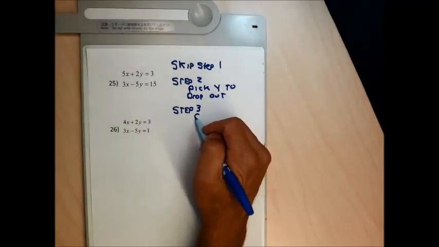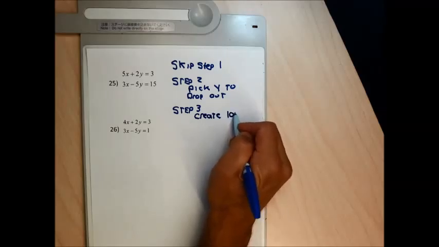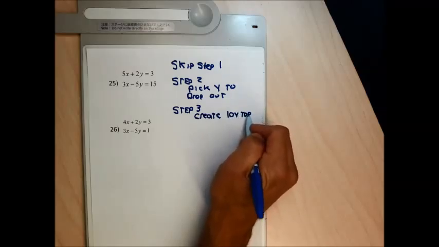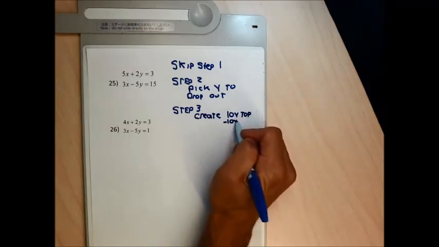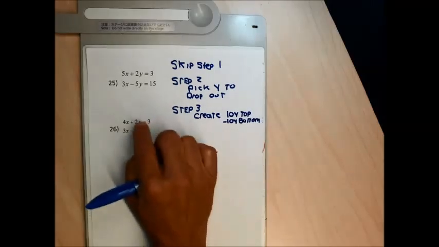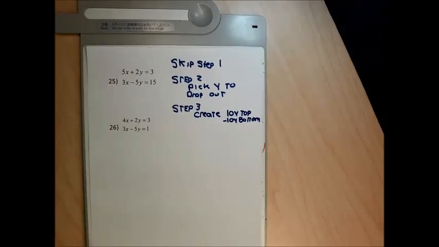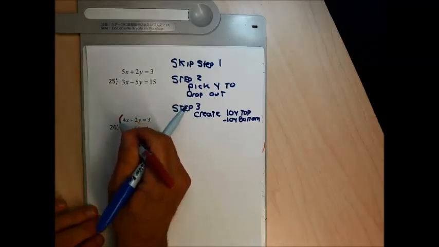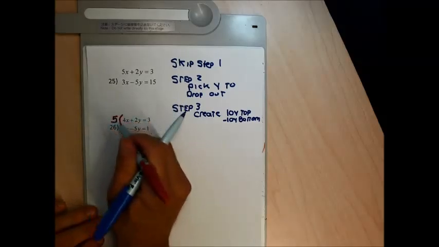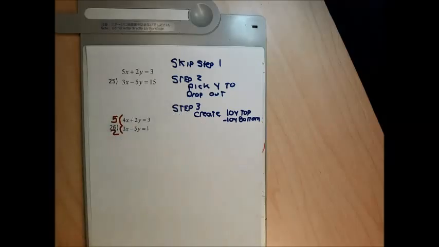I'm going to create a positive 10y in the top equation and a minus 10y in the bottom, because 10 is the least common multiple between 2 and 5. And that's my goal on that third step, to get the same number with different signs. So I'm going to multiply everything in the top equation by 5, everything in the bottom equation by 2. Your work's going to be almost identical.